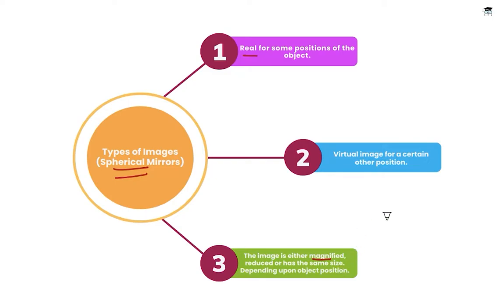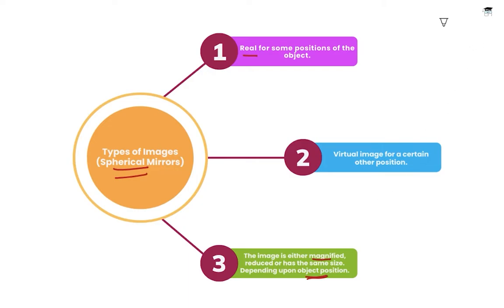The image formed can be magnified, that is, larger in size compared to the object. It can be reduced or diminished, that means smaller than the object, or it can have the same size as the object. It all depends upon the object position.